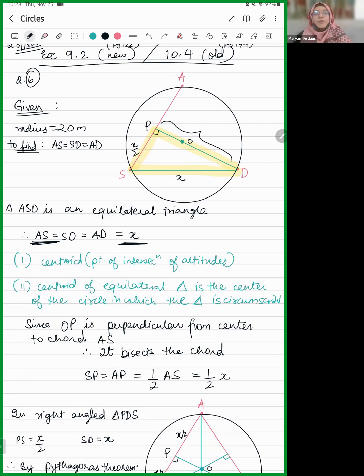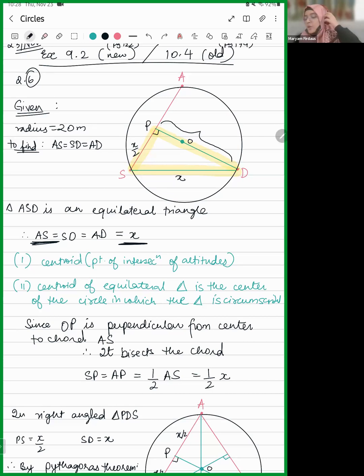And why is it going to be half of x? Because this altitude of an equilateral triangle is the median of that triangle, a median of that side, meaning that it divides the side into two equal halves. Or in other words, you can also say that the perpendicular from the center to the chord bisects the chord.